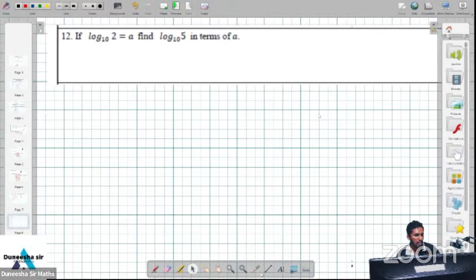මේ ප්‍රශ්න ටිකක් අමාරු ඒවා. හරි royal paper එකනේ. Can you find the log 10 base 10 to equal a? Find the log 10 base 10 5 in term of a. Okay, how we do it?